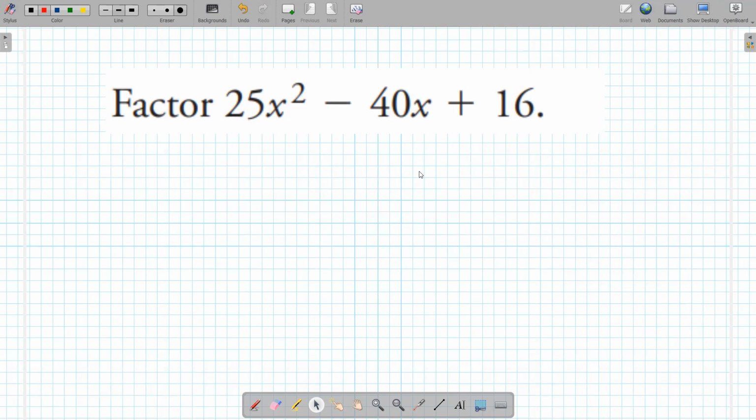The goal is to factor it. What do they multiply to? 400, right? And it's gonna add up to negative 40. What are the numbers?